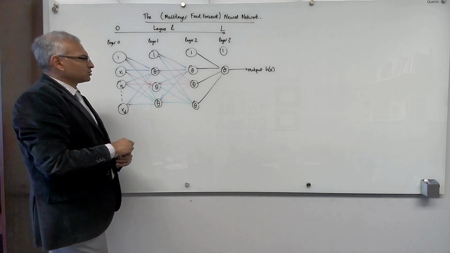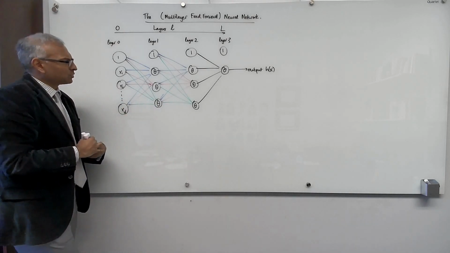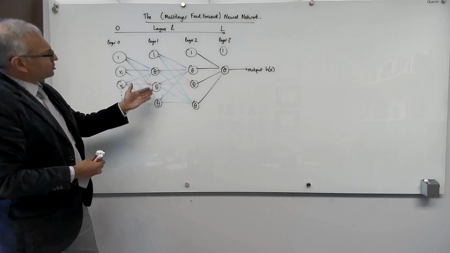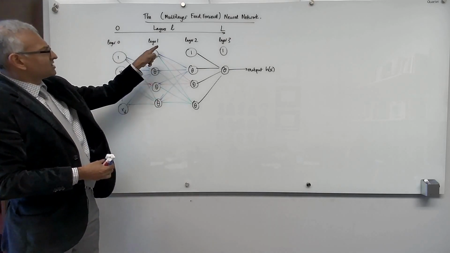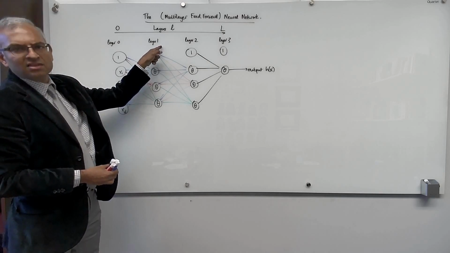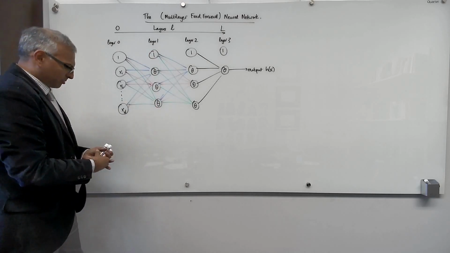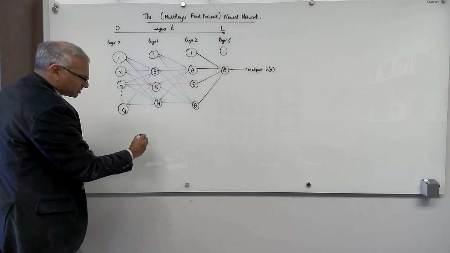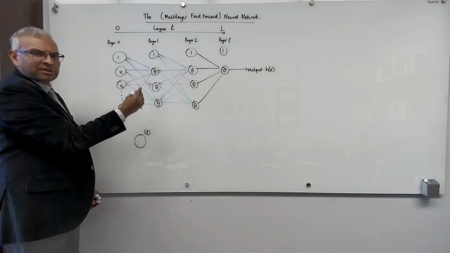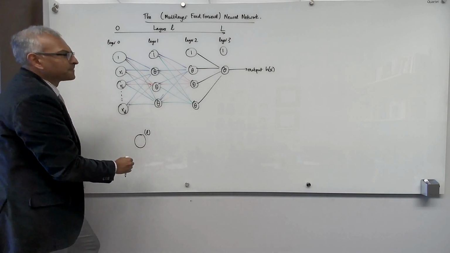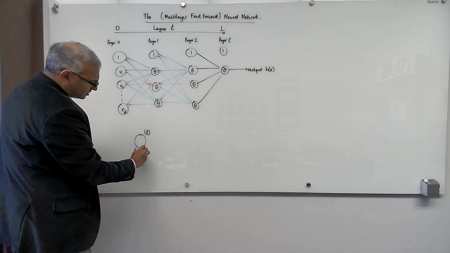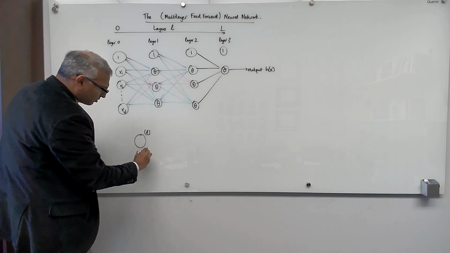Now, if we wanted to refer to a node in this network, we will observe that the node can be specified by telling me its layer, and in this layer, what position it occupies. So a typical node will have a representation with superscript L for the layer, and its position within the layer, which I'll call i.